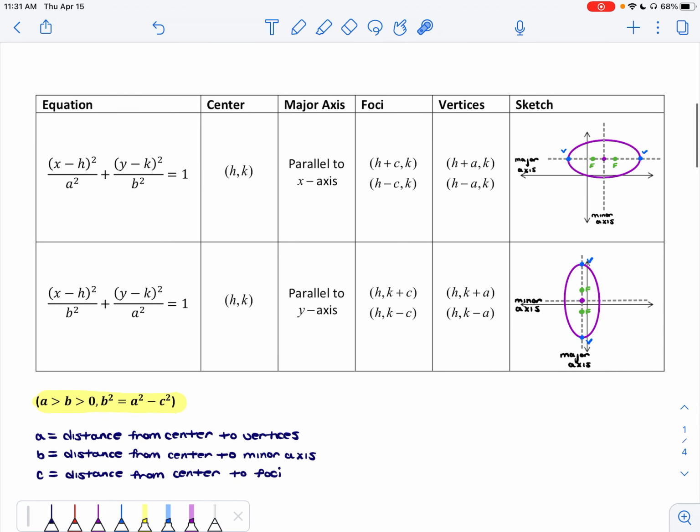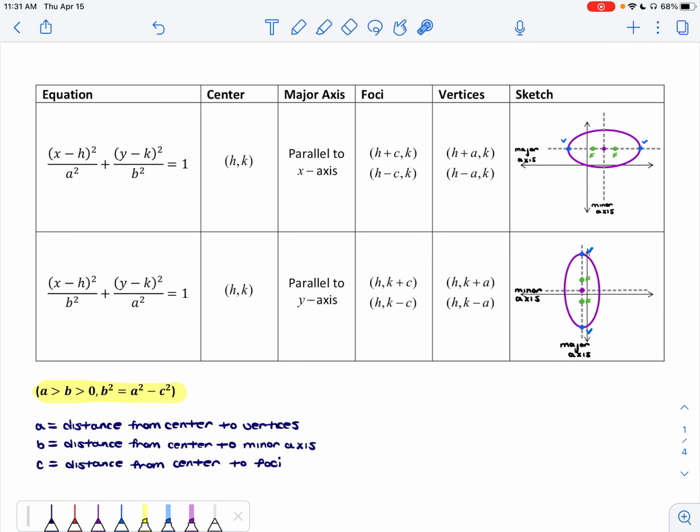Okay. A couple other things in these equations. So the a value is always going to tell us the distance from the center to the vertices. So from the center to the vertices, that distance is a. The b value tells us the distance from the center to the points on the minor axis. So from the center to the minor axis, that distance is b. Now, using this equation right here, b squared is equal to a squared minus c squared.